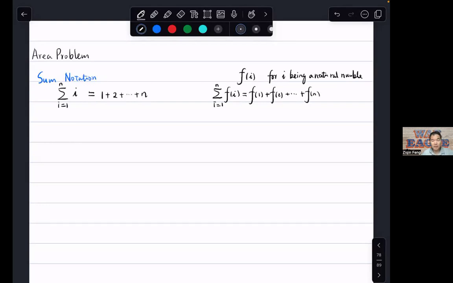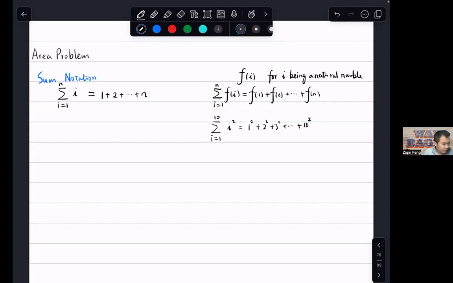Depends on what n is. n might be 10, 100, or any number you're interested in. A concrete example: summation i from 1 to 10 of i squared will be 1 squared plus 2 squared plus 3 squared plus all the way to 10 squared. So the upper bound is where you stop, and the lower bound is where you start from. Okay, so that's the sigma notation, sum notation.